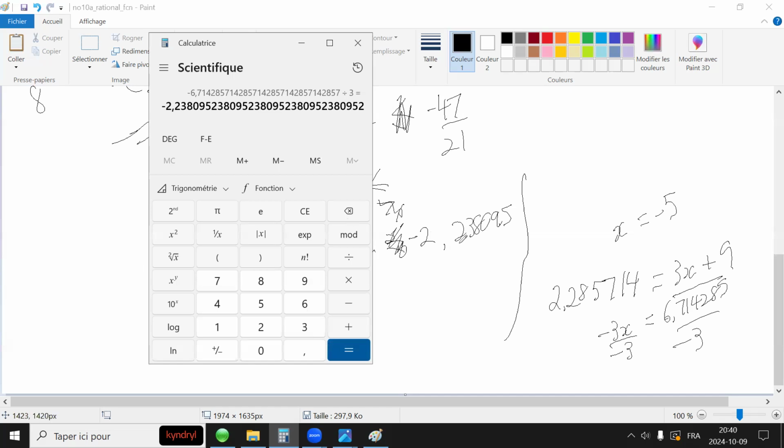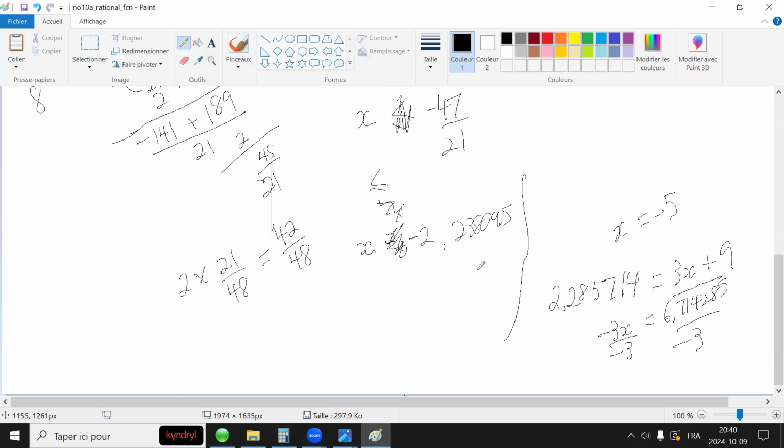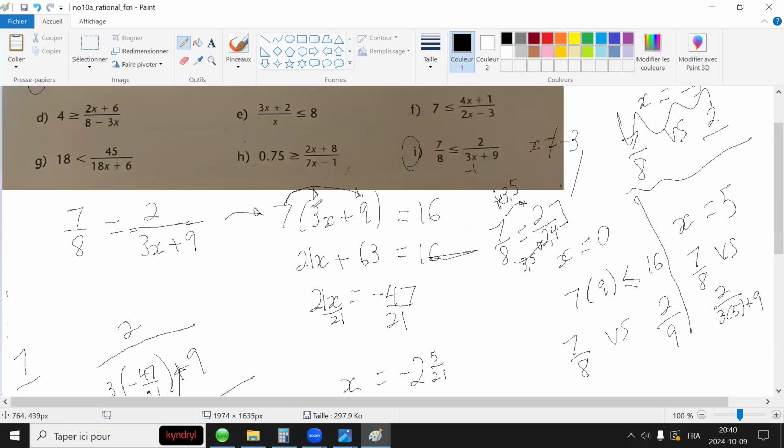So in between that and minus 3, I'd have something superior to 7, because at this point it shifts side. So there's a very thin place where it is superior to 7, superior or equal.